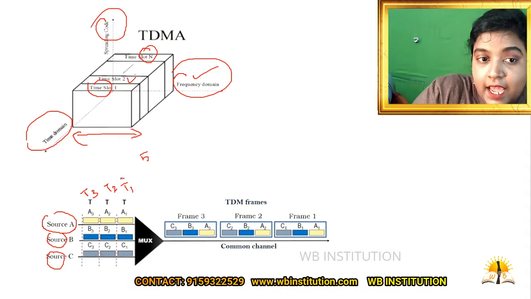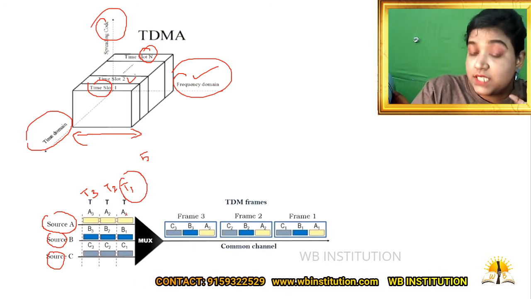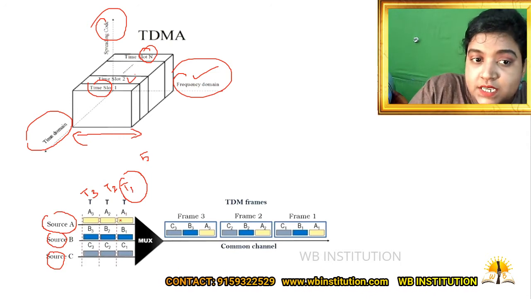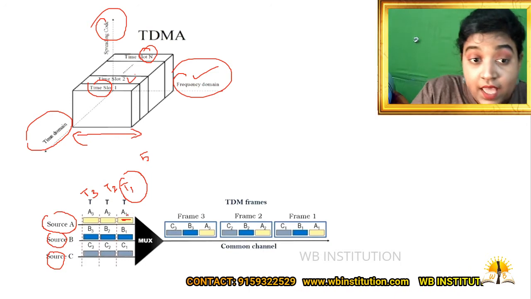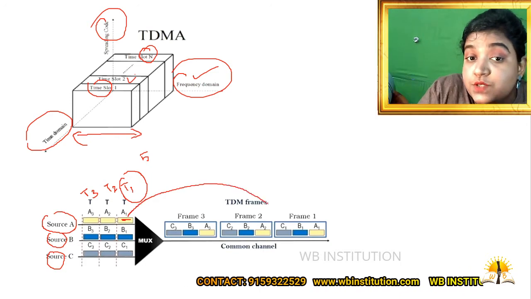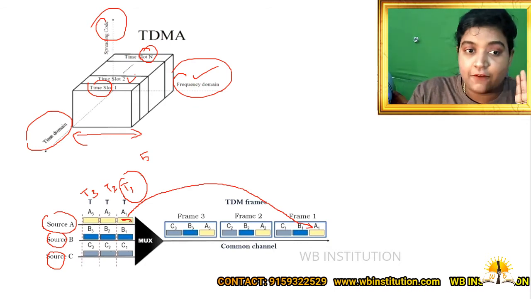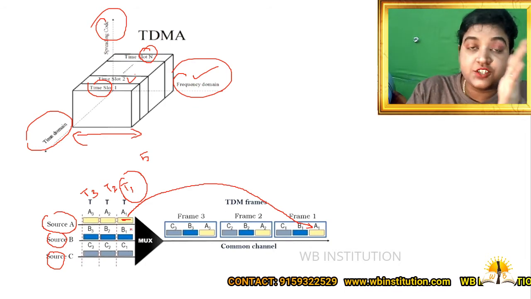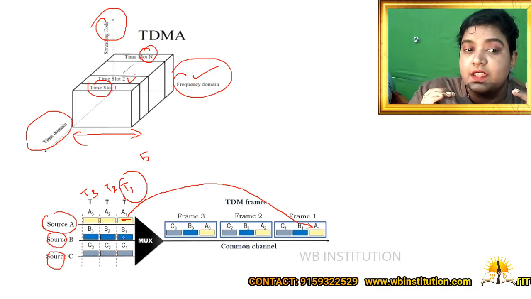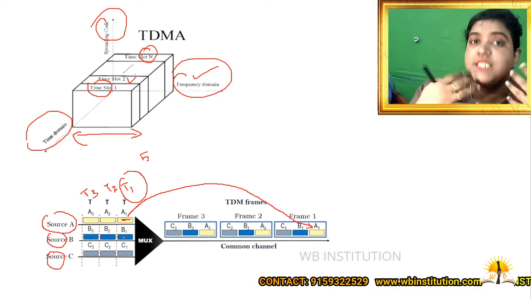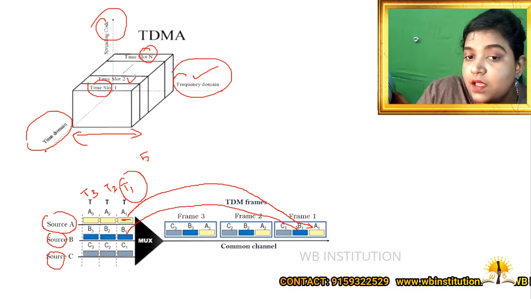In the time slot T1, A1, that is user 1, is transmitting some set of information, and this is transmitted into frame 1. Can you see here? A1, fine. Next, after the 5 seconds, the chance moves to B1. In that time period, B1 generates some information, which is again stored in frame 1. It is queued.